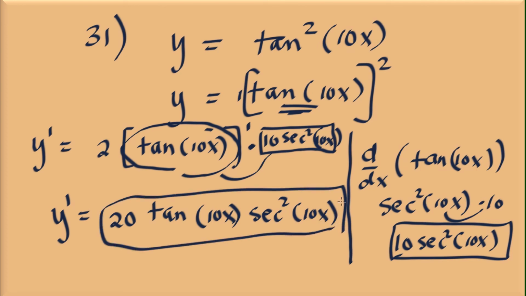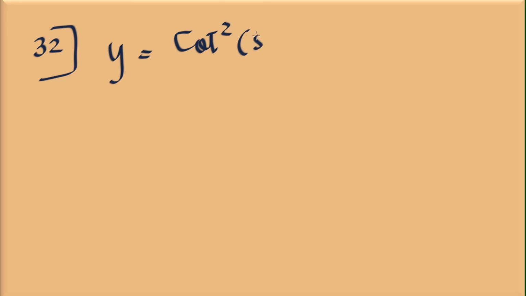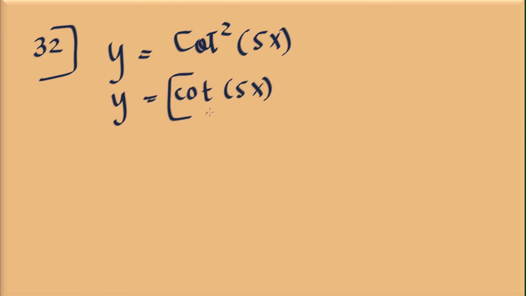It's like double chain. Let's look at another example using double chain. Let's say you have y is equal to cotangent squared of 5x. So this is clearly cotangent of 5x and then raised to the second power.